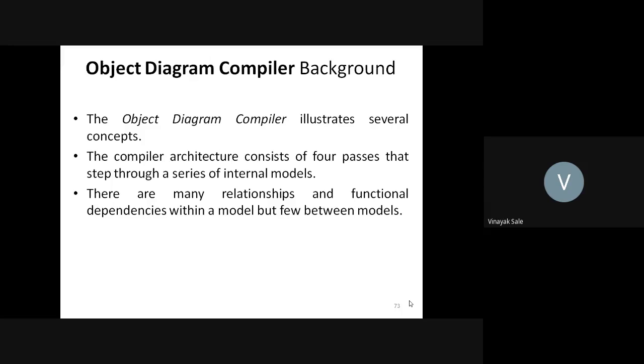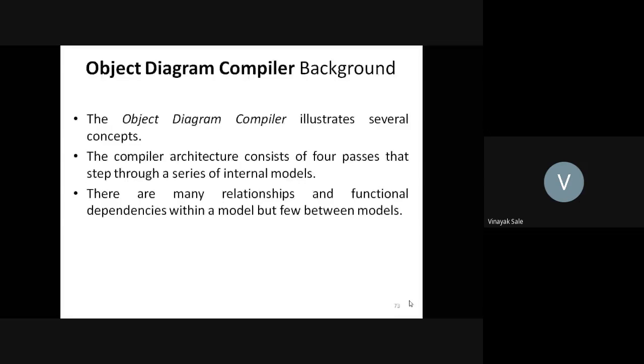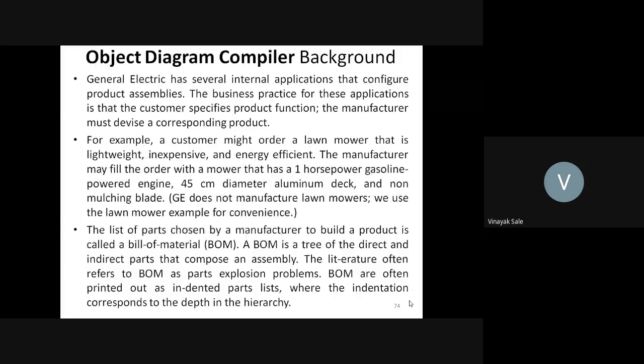The compiler architecture consists of four passes that step through a series of internal models. There are many relationships and functional dependencies within a model, but few between models. Here we have taken the example of bill of material.